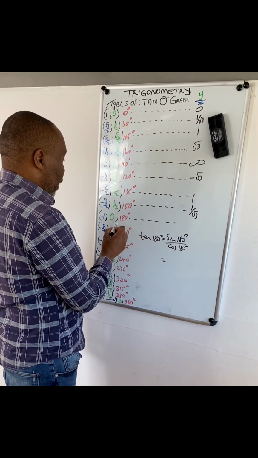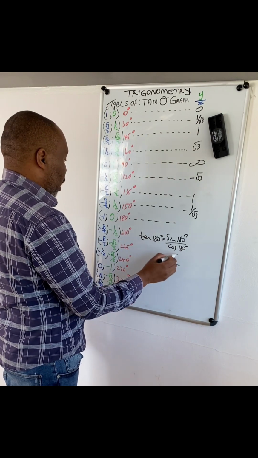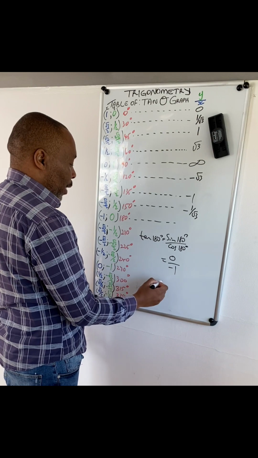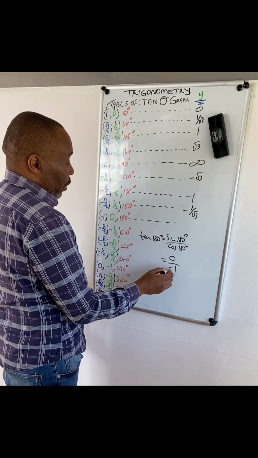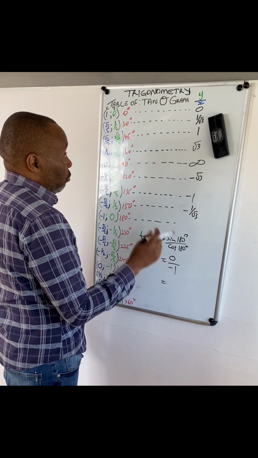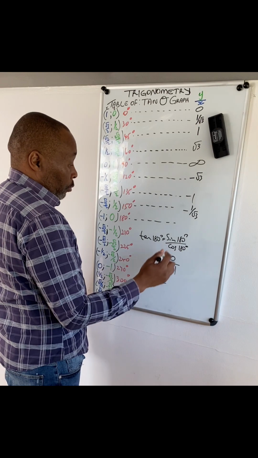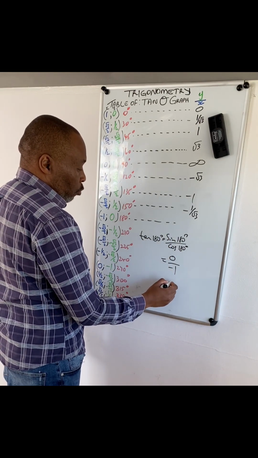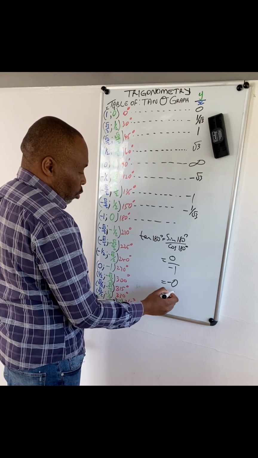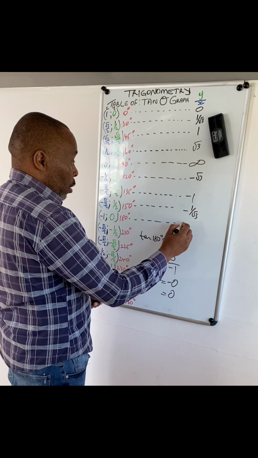Sine 180 degrees is 0, over cos of 180 degrees, which is minus 1, and 0 divided by 1 is 0. Positive divided by negative is negative, so we put negative 0, but we just say 0. So here we've got a 0.